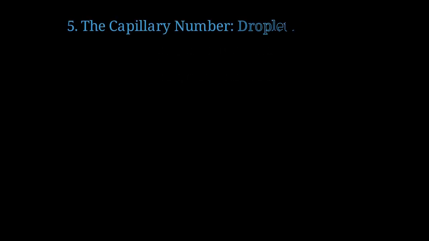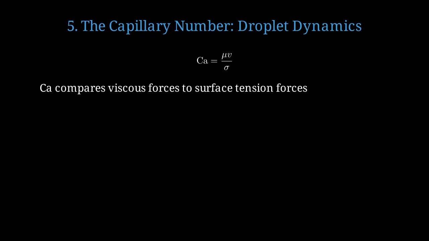To understand how droplets behave at junctions, we need another dimensionless number called the capillary number. The capillary number is μv over σ, where μ is viscosity, v is velocity, and σ is surface tension. The capillary number compares viscous forces that deform droplets to surface tension forces that keep droplets spherical. For a water droplet in oil, surface tension is approximately 0.05 newtons per meter.